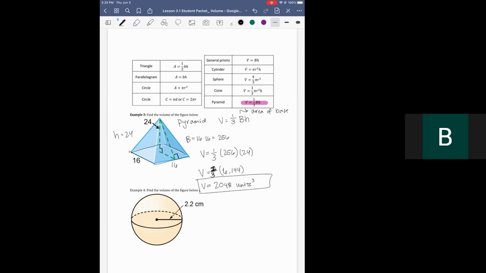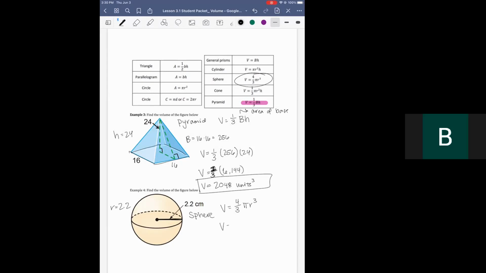And last but not least, we have a sphere. So I'm going to look and see. Volume is equal to 4/3 pi r cubed. Our radius is 2.2, so they've given it to us in this case because it's just going halfway across.